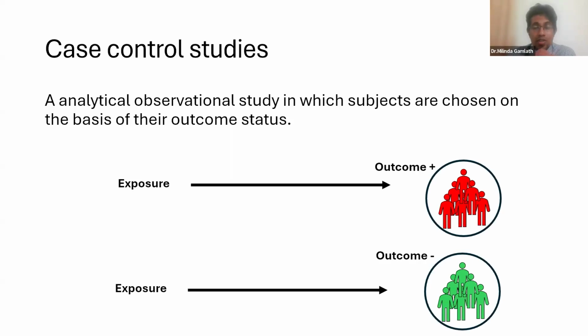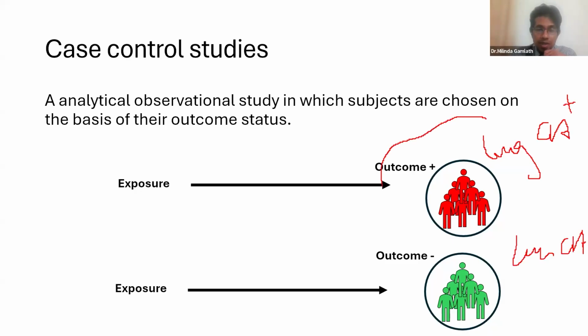In the same example we gave earlier, you start off with people with lung cancer and without lung cancer, and then you see among the people with lung cancer, how many have a history of smoking.